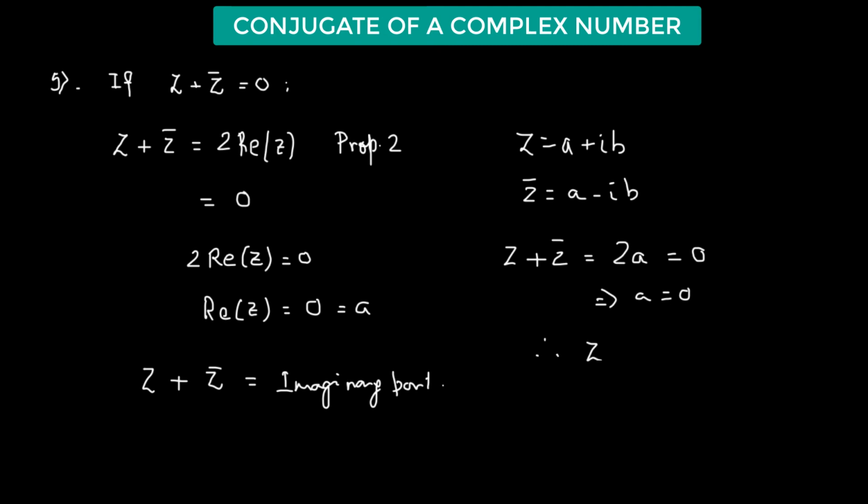Therefore the value of Z is equal to 0 plus i times B. So that means Z is i times B, which is the imaginary part of the complex number Z. Property number 4 stated that if Z is equal to its conjugate, then we have the real part of Z. And this property states that when we add a complex number to its conjugate, if the answer is 0, then Z is equal to the imaginary part of Z.